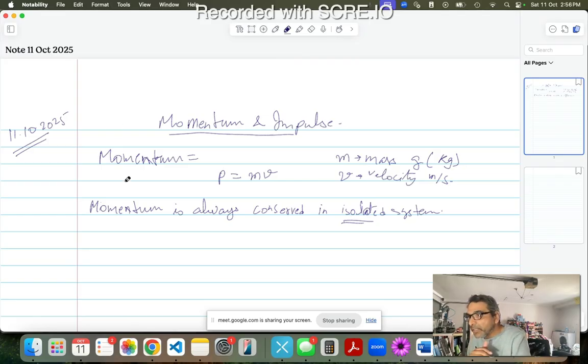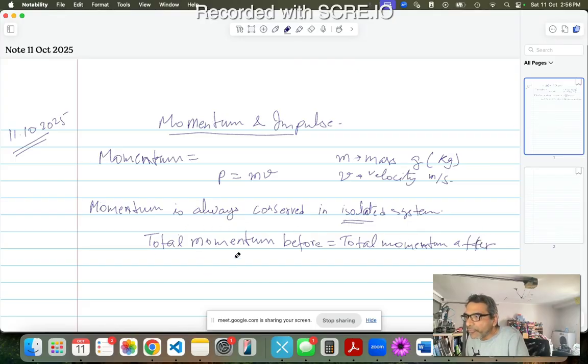That means the total momentum before will be equal to the total momentum after, right?